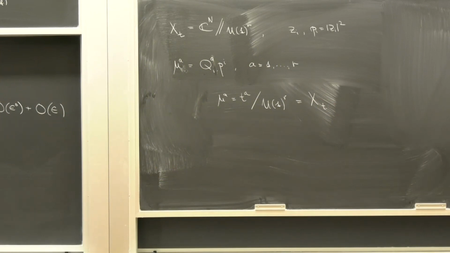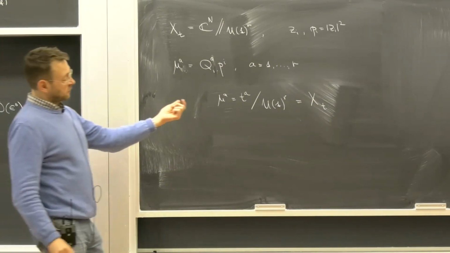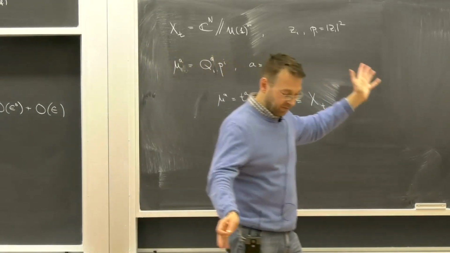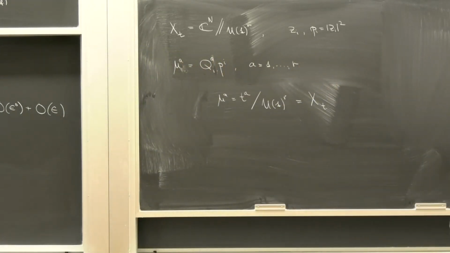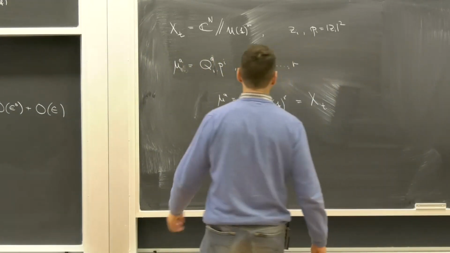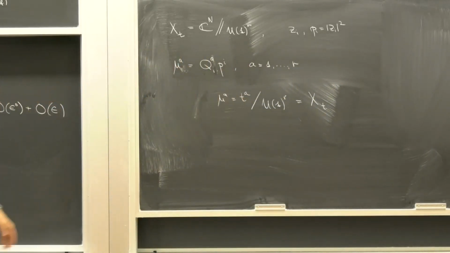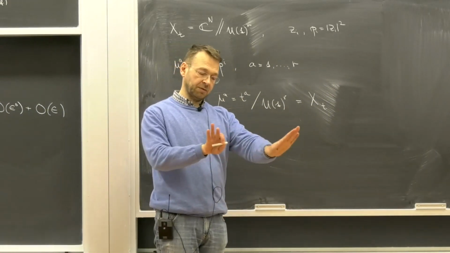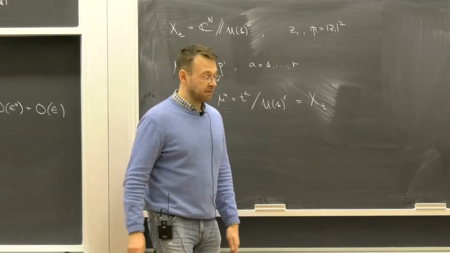What is important is that I have to specify, I have to order these t's somehow, because if I have very complicated examples, then I have to think about chamber structure. If I choose different t's, I may end up with different manifolds. But typically, if my t's are close enough and don't cross the chamber, then they are symplectomorphic.